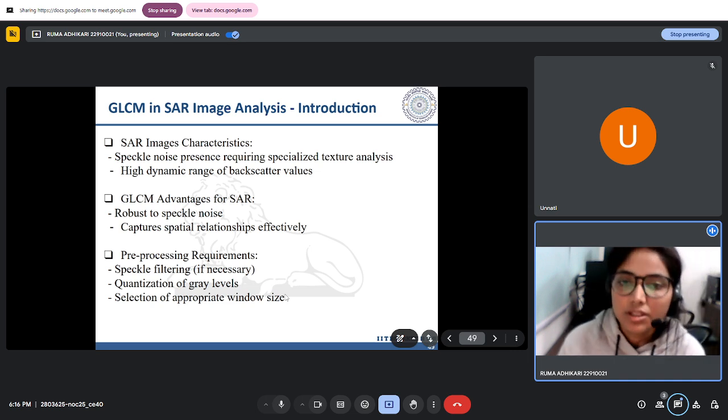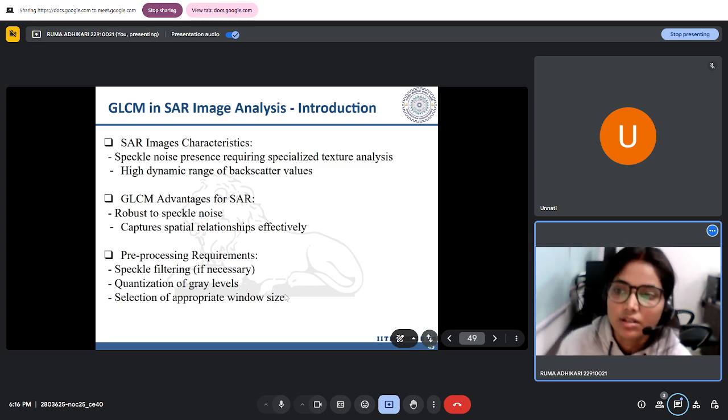SAR image characteristics in GLCM: a SAR image has speckle noise, requiring specialized texture analysis, and a high dynamic range of backscatter values. What is speckle noise? We have already studied noise, clutter, speckle, and the salt and pepper effect.